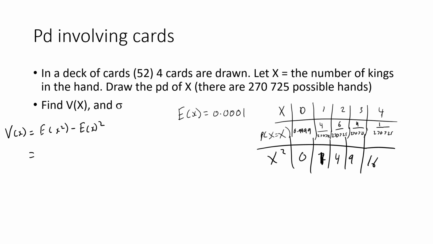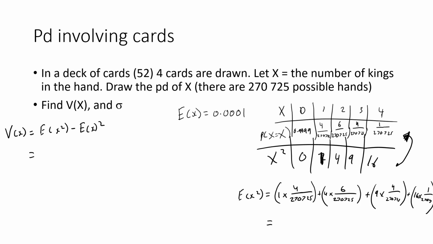And we multiply the numbers here by the probabilities there, which gives us, and I will skip ahead a bit, all of this, and that equals 0.0003.